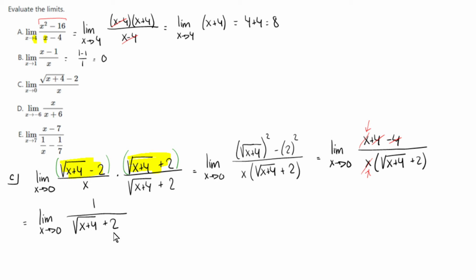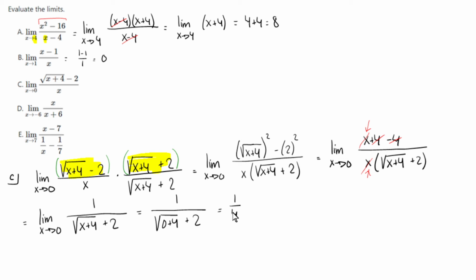And now we can substitute in 0. We're going to get 1 over square root of 0 plus 4 plus 2. So the radicand is 4, square root of 4 is 2, 2 plus 2 is 4. So the limit here is going to be 1 over 4.